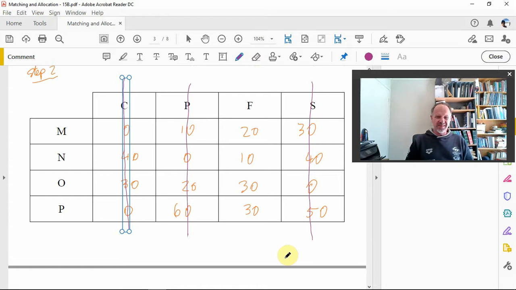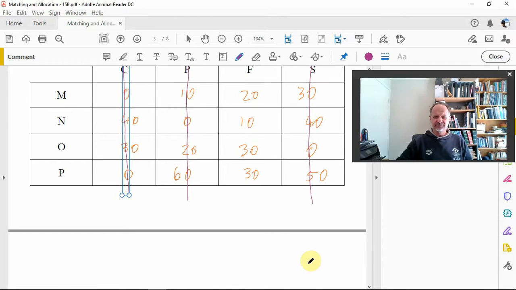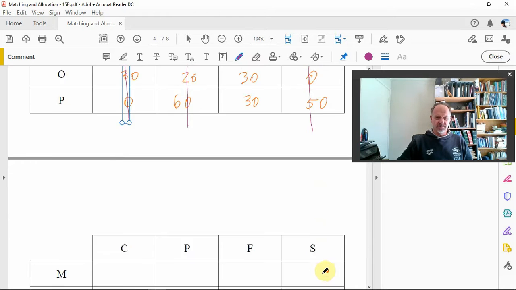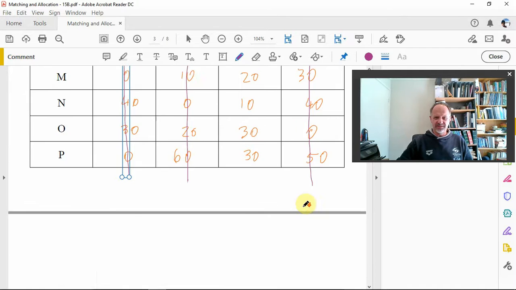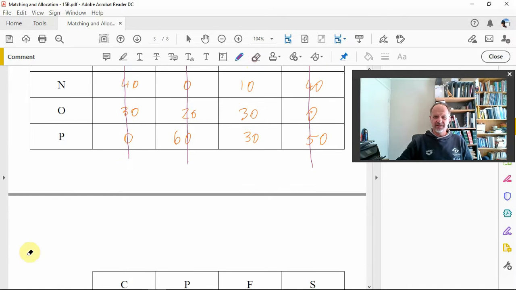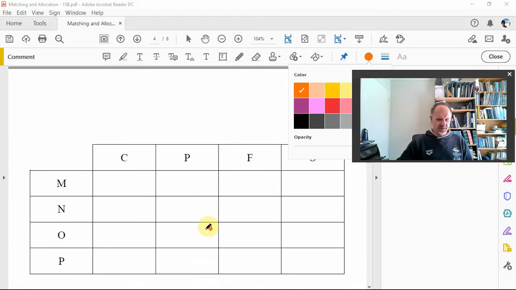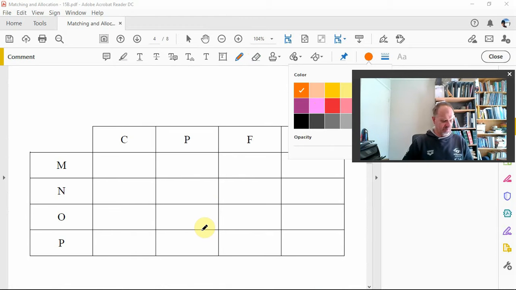So step 3. It says for the column without a 0, subtract the lowest number from the values. So that's the column without the 0. I'll go back to my orange, looking for the column without the 0.